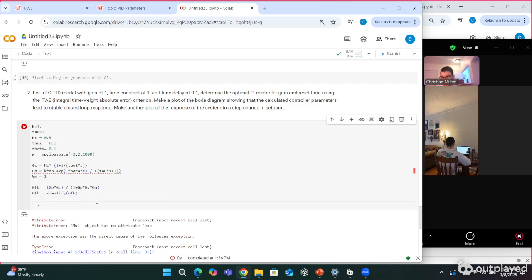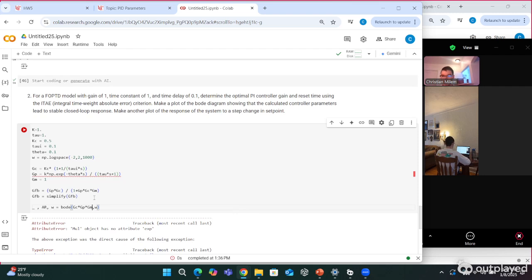So I'll just use 1, and then our amplitude ratio, or omega, it's going to equal Bode, although that's not quite it. It's not GFB. It needs to be GC times GP times GM.